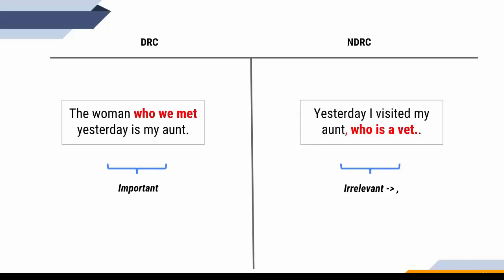This is just additional information. Yesterday I visited my aunt, that's important. The fact that she is a vet, well, this is important of course, but it is irrelevant to the meaning that I'm giving you now. So defining without comma, non-defining with comma.